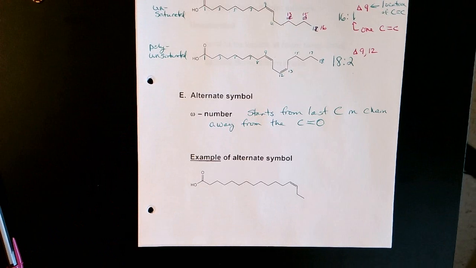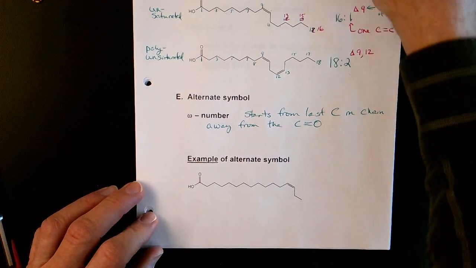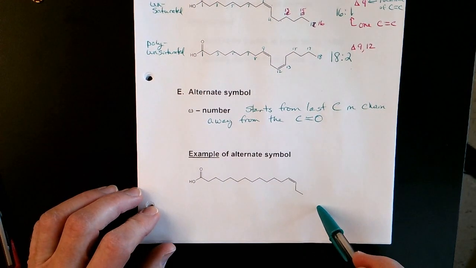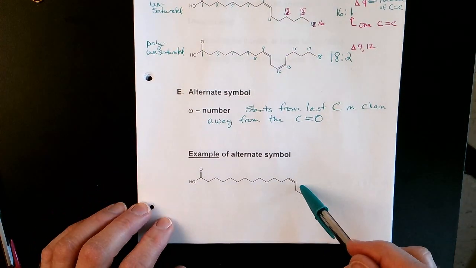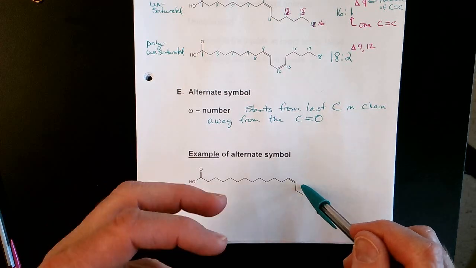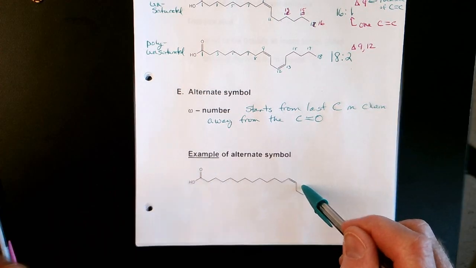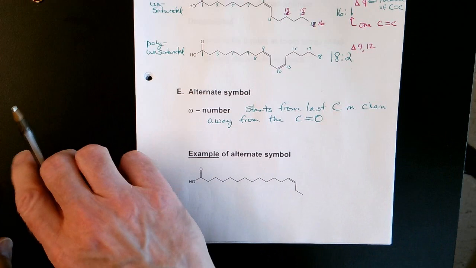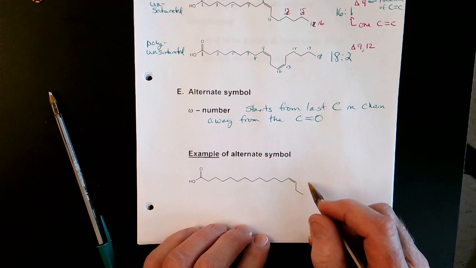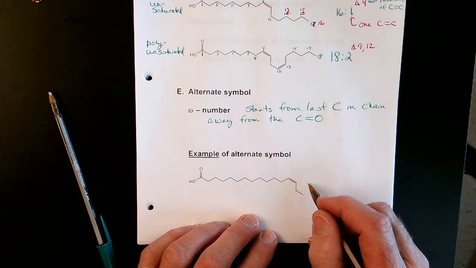So this isn't your usual numbering that would have come out of an organic class, but it does help for the disciplines that need to talk about how far a double bond, how much an unsaturation is, away from the very terminal end. The very fact that we're talking now about this says, well, you need to put some designations on it somehow.